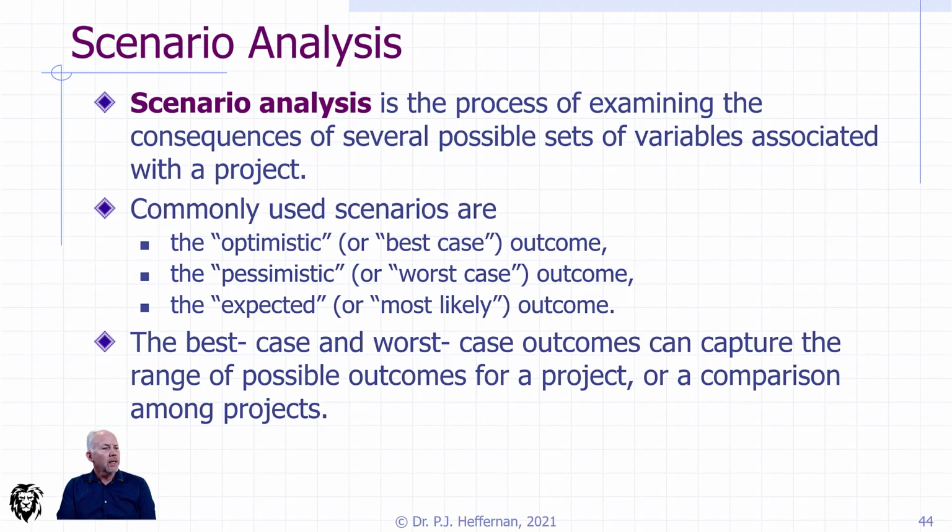The best case and worst case outcomes can capture the range of the possible. If it can be worse than that or better than that, then you haven't quite described the best case and worst case. Whereas, of course, the most likely outcome is what you're really thinking it's going to be in and around.